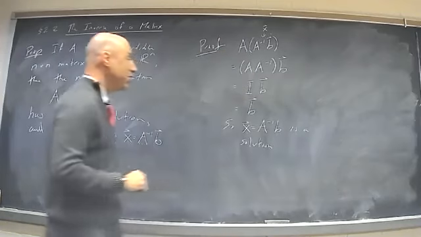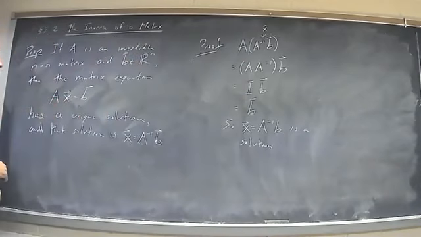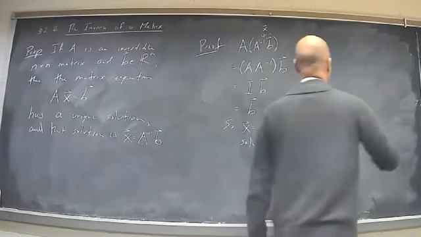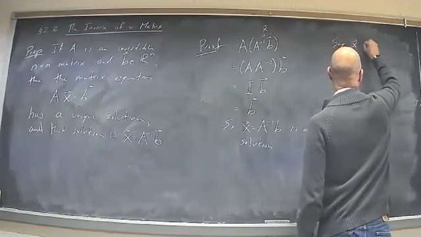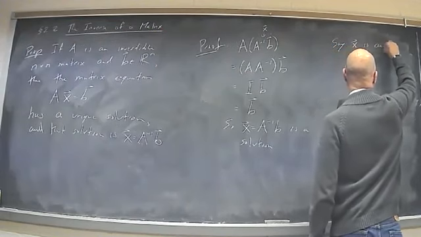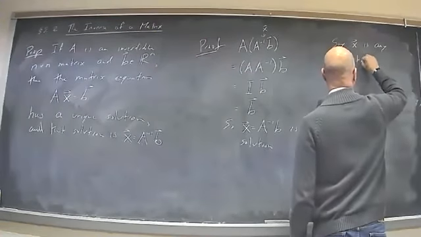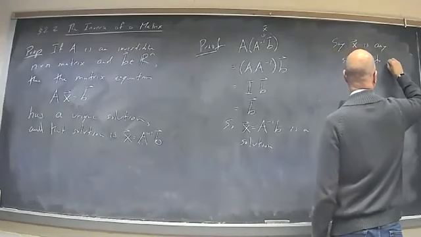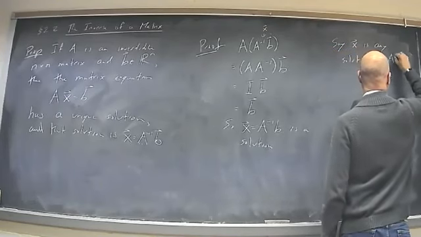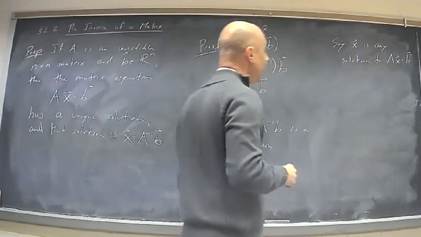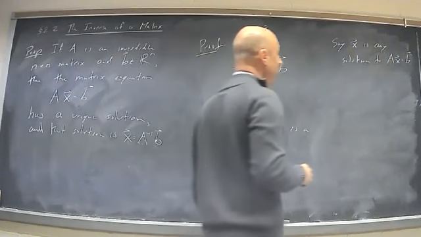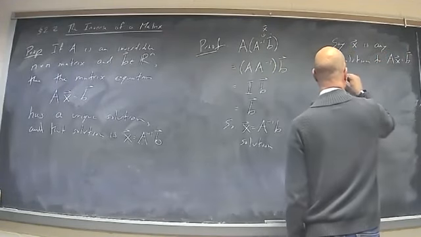Let's show that that's the only solution. Say x is any solution to Ax equals b. Let's multiply both sides of the equation on the left by A inverse.